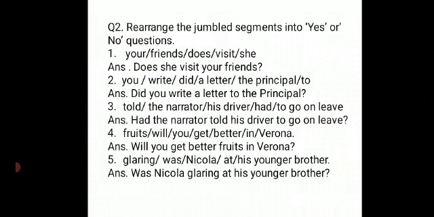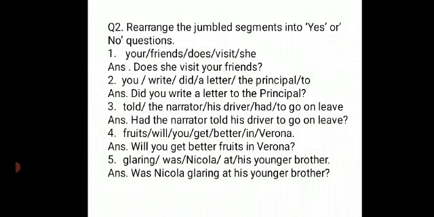Yes. Fourth one. Fruits, will, you, get better, in Verona. Now will is the auxiliary verb there. You is the subject there. So will you get better fruits in Verona? Yes.